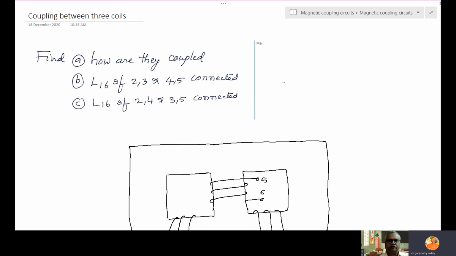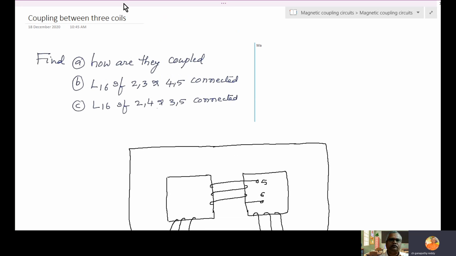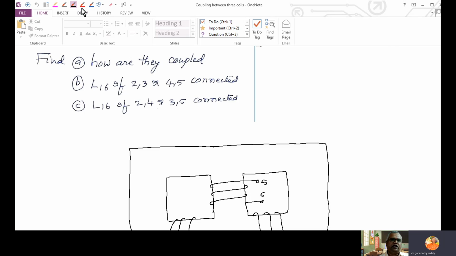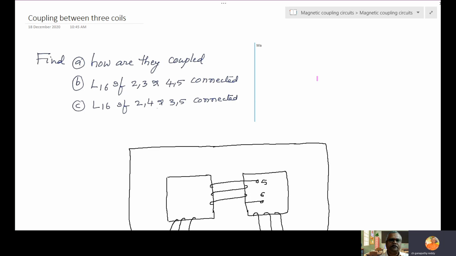Now to understand the coupling, we have to start sending current.